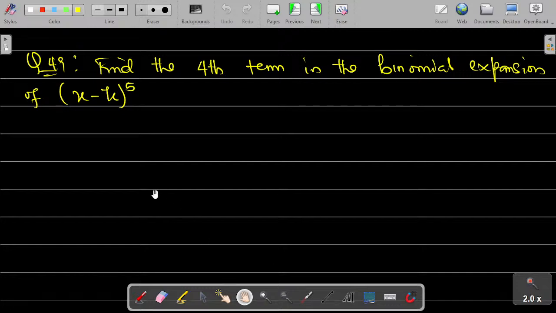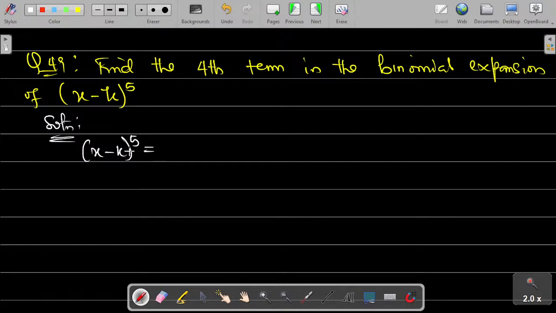49 is asking for the expansion of this in descending power. Okay, so what's that going to be? In descending power of x. Okay, so solution, we are given x minus k all raised to the power of 5. So following our expansion formula, remember they said the fourth term.